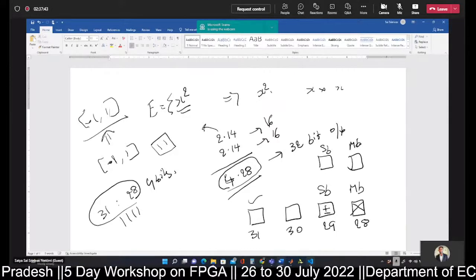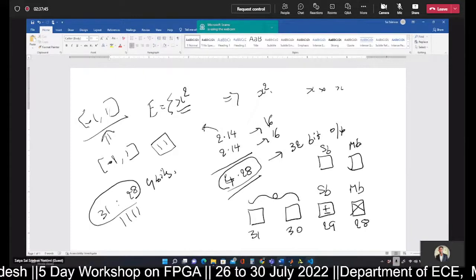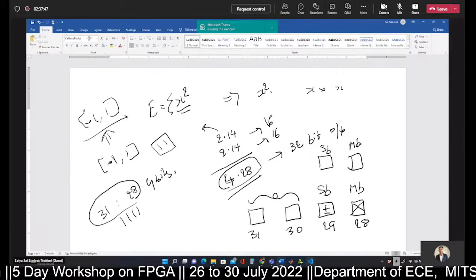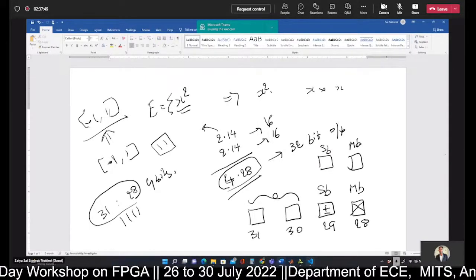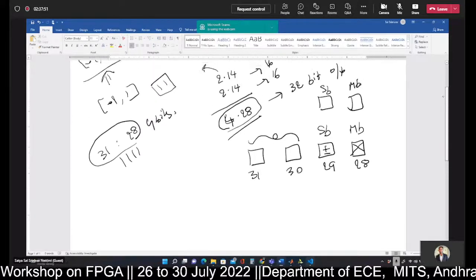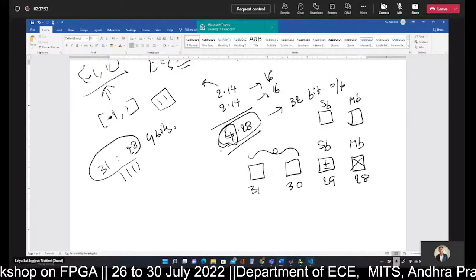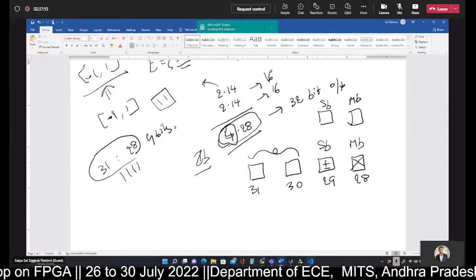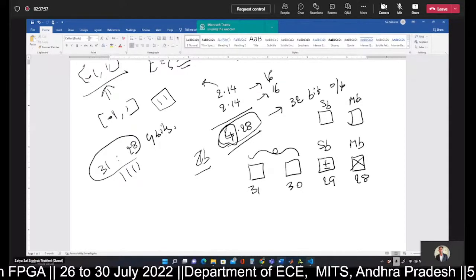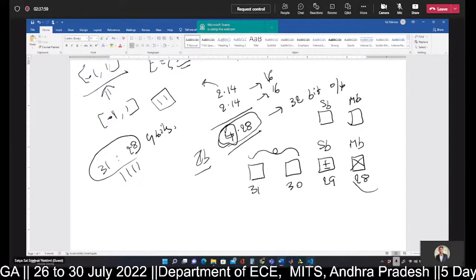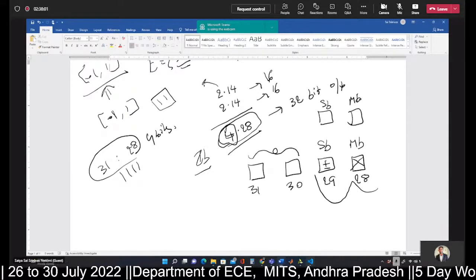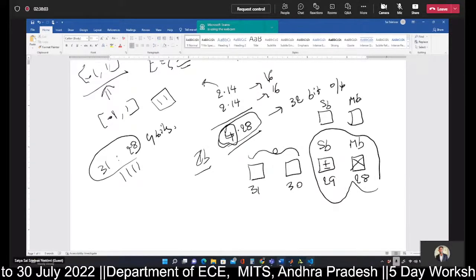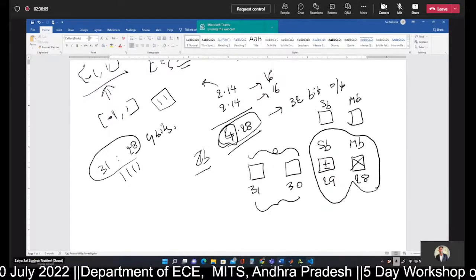So what about these extra 30 and 31? After multiplication we are getting 4 bits in the integer part, right? We have checked that at the LSB side we have the magnitude as well as the sign bit. Now what do these extra 2 bits mean?